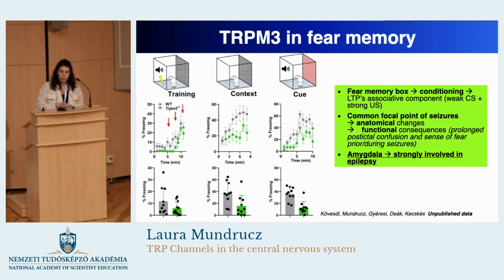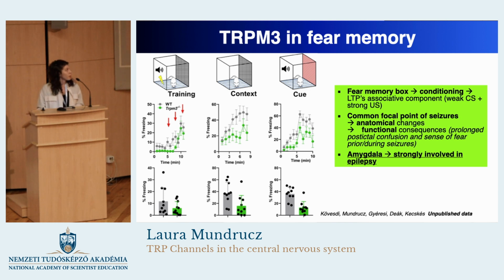Upon the painful stimulus, you would want the animal to exhibit a fearful behavior, that is, freezing in the case of mice. As you can see, in the first case, there was no significant difference between the wild-type and the TRPM3 knockout mice, which is good in the sense that there was no baseline difference between the two groups.